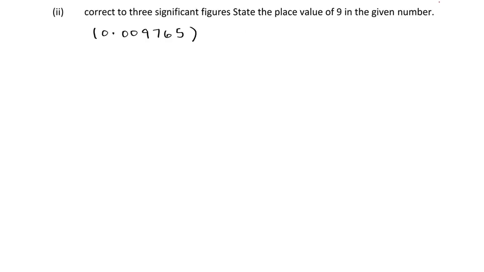For Roman 2, we are supposed to write this number correct to 3 significant figures, and then state the place value of 9 in the given number. Okay, so for this value, we have 4 significant figures, which are 9, 7, 6, and 5. To estimate the 3 significant figures, we have to look at the 4th significant figure, which is 5, and we can see that 5 is greater than or equal to 5.